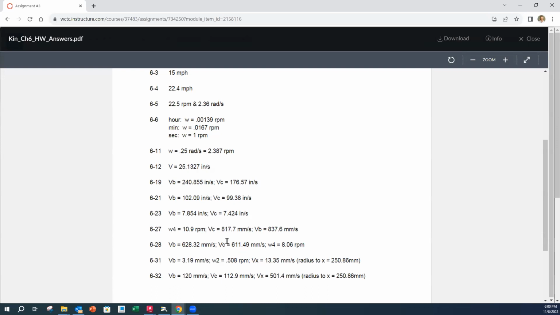For the velocity of C, I got 611.38. Oh my gosh, no, you're totally fine. As long as you're not like 620 or 640. I'm sure it's maybe even rounding somewhere along the way. No, you're good. All right. And so does anybody want to see number 28?